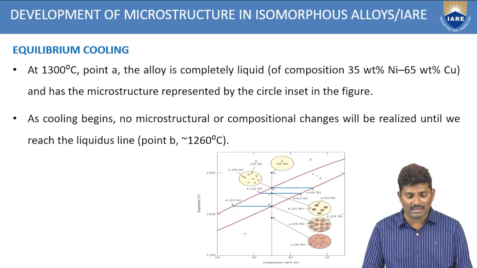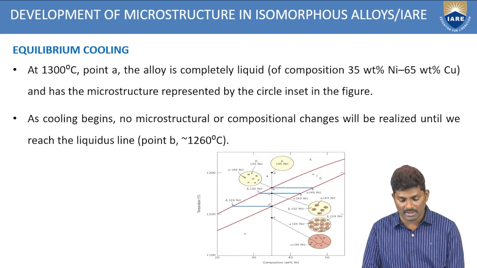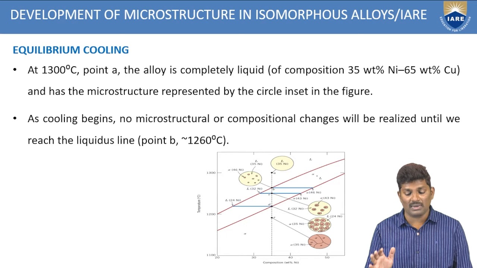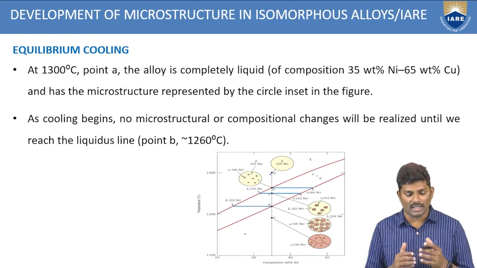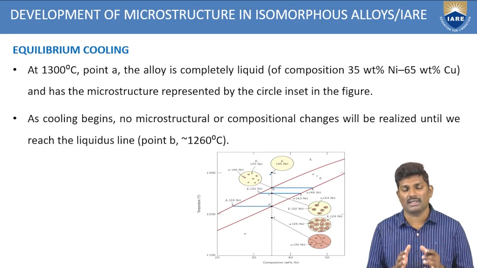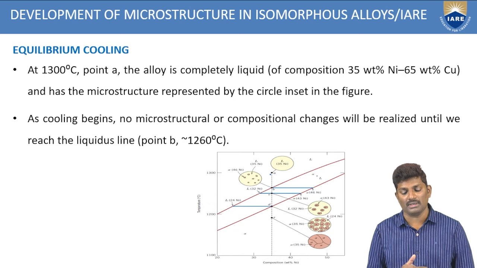Now, if you consider 1300 degrees centigrade, the point A, the alloy is completely in the liquid nature. Since point A is lying in the liquidus region, at 1300 degrees centigrade it is completely in the form of a liquid. So how much composition do we have? 35 weight percentage of nickel with 65 weight percentage of copper.